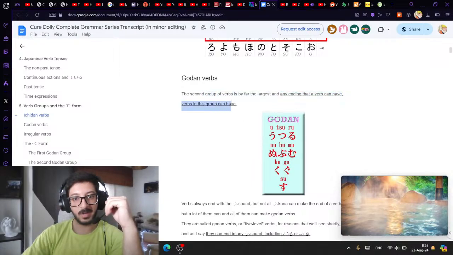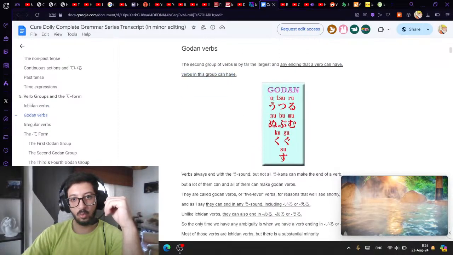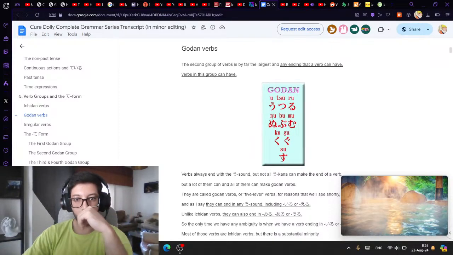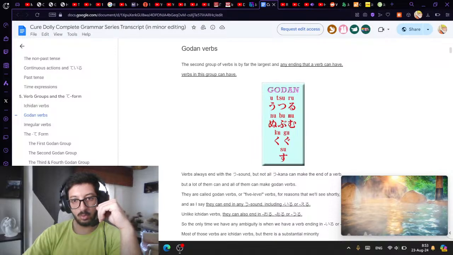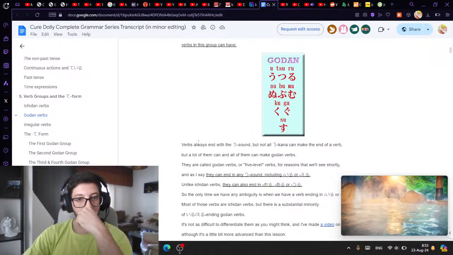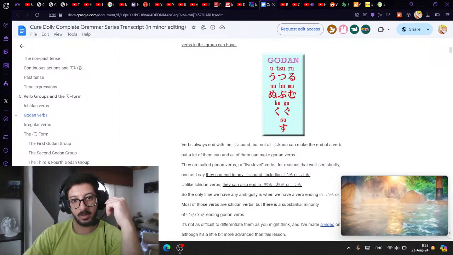Verbs in this group can end in u, tsu, ru, nu, bu, mu, ku, gu, su. Verbs always end with the u sound, but not all u kana can make the end of a verb, but a lot of them can and all of them can make Godan verbs.